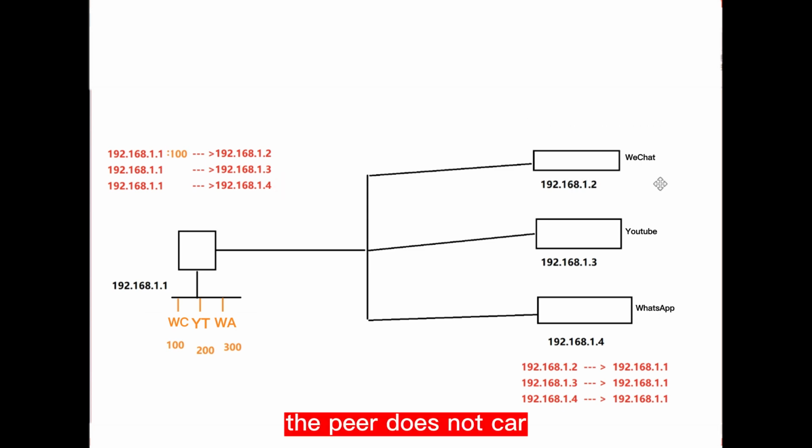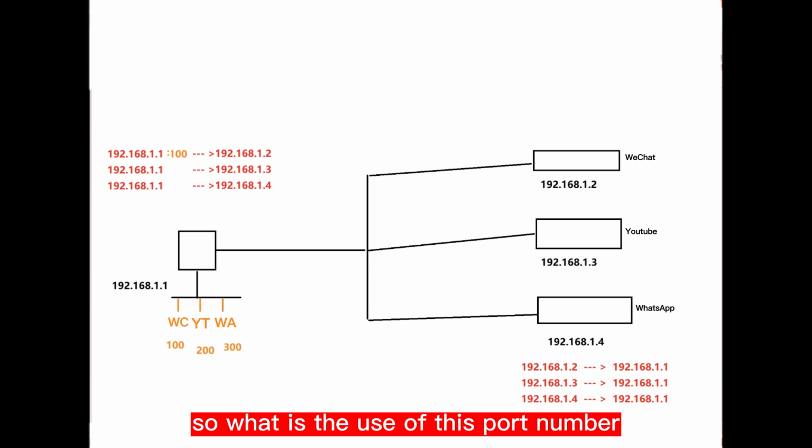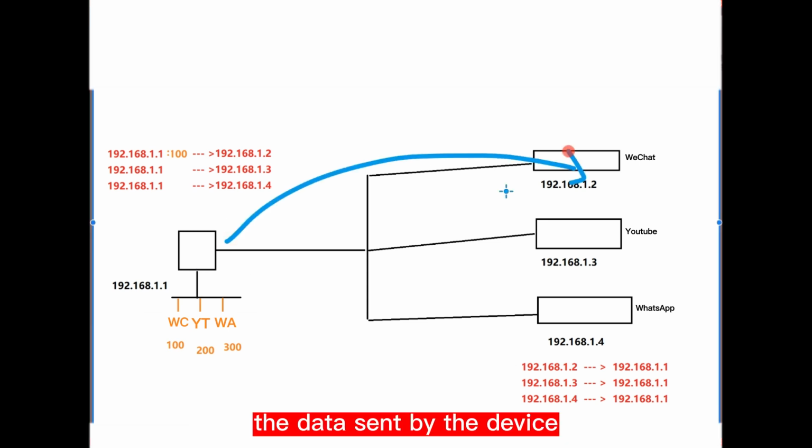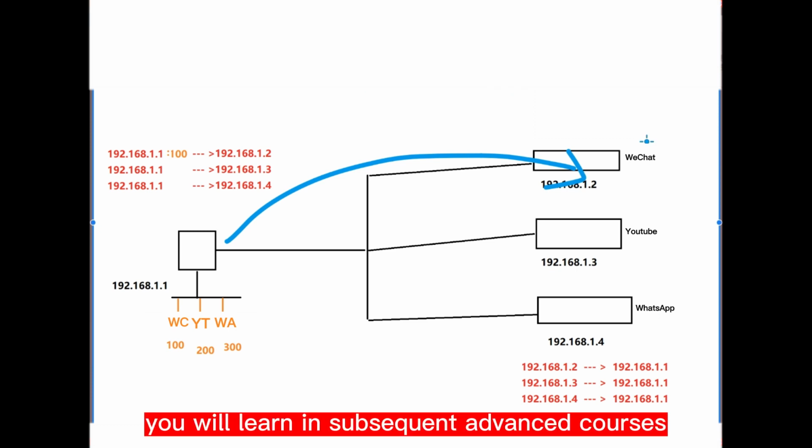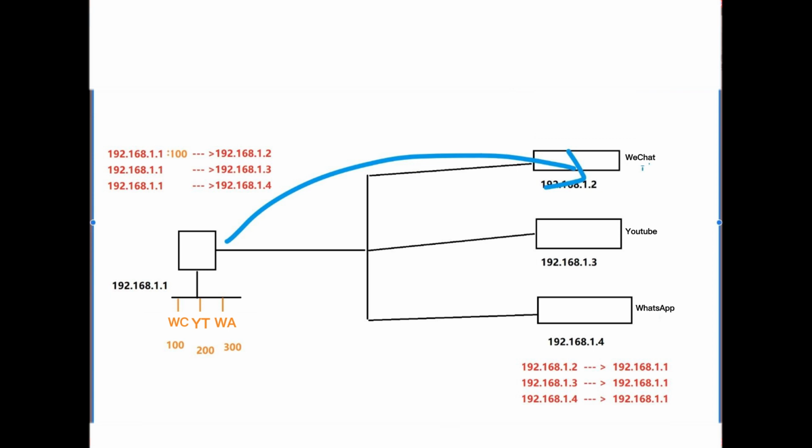Certainly, the peer does not care what your local port number is. So what is the use of this port number? For the data sent by the device, how many ports the WeChat server has doesn't matter. If many devices access the WeChat server in the future, how to distinguish them? Based on the TCP protocol, which you will learn in subsequent advanced courses.